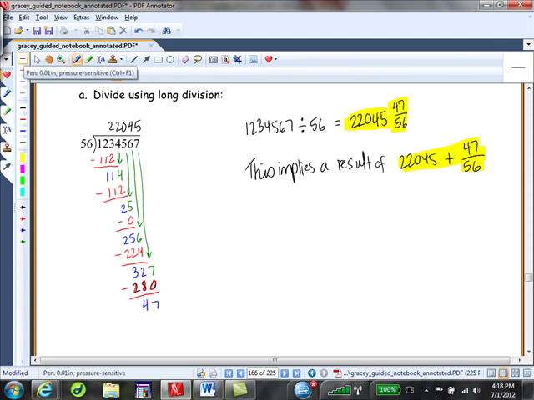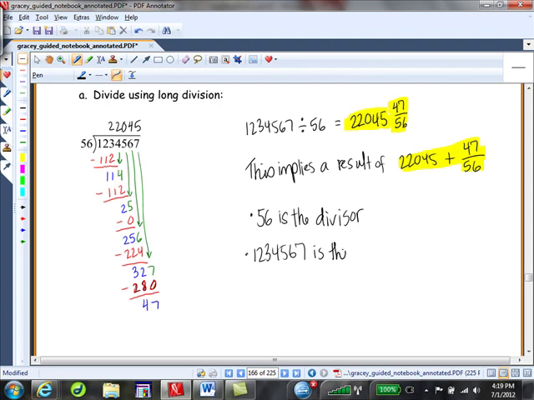All right, so let's talk about the parts of this problem. All right, so here we go. 56 is the divisor. 1, 2, 3, 4, 5, 6, 7 is called the dividend.